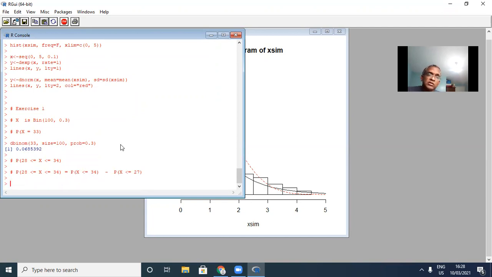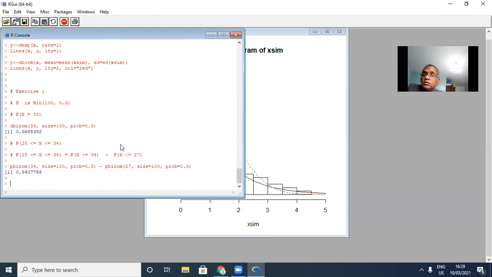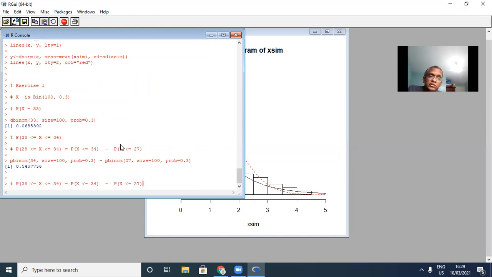The first probability on the right-hand side is pbinom at 34, and the second probability on the right-hand side is pbinom at 27. So this is the answer. Are you guys okay following me? If you have questions, please feel free to ask.